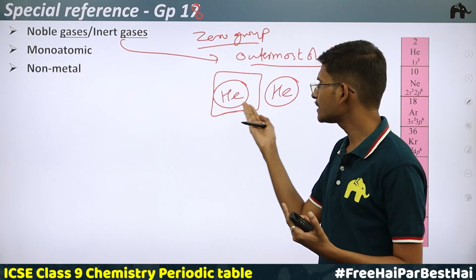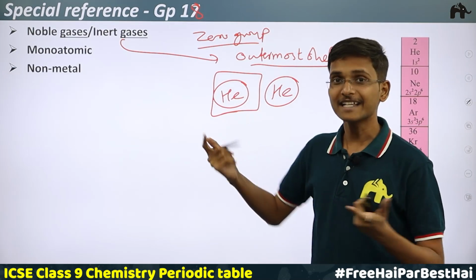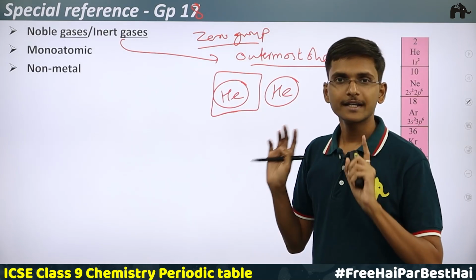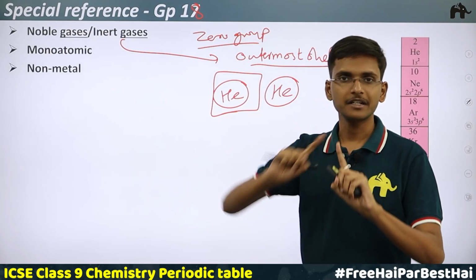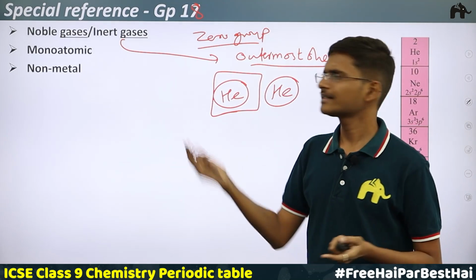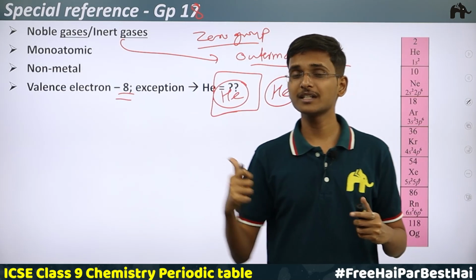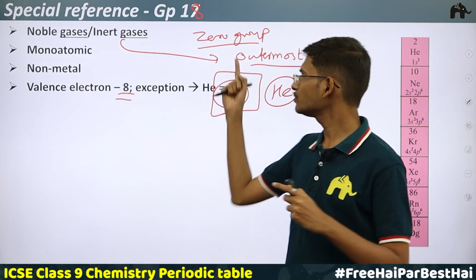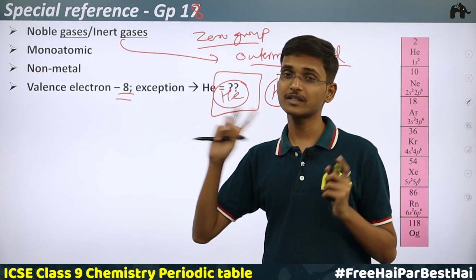That's why we call them monoatomic, one atomic. Since they exist in gaseous state, they are gases, and monoatomic since one atom. They are non-metals, and they have 8 valence electrons, but the exception here is helium. Since they don't react because their outermost shell has completed the octet, there also the exception is helium.